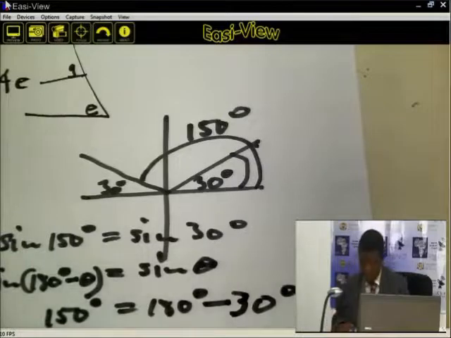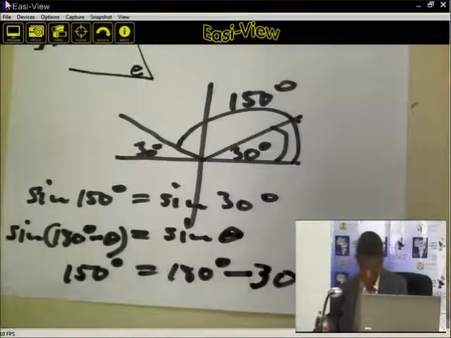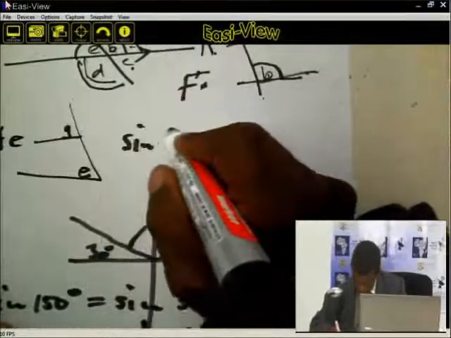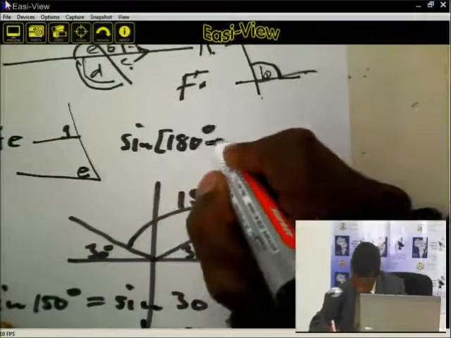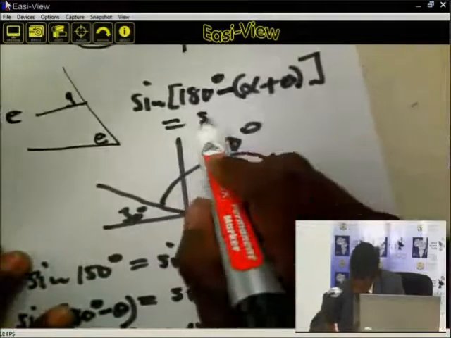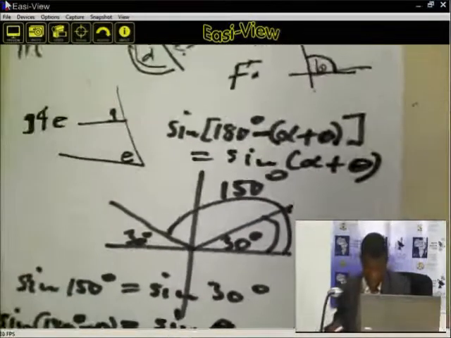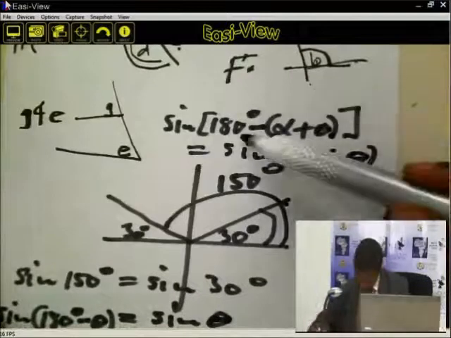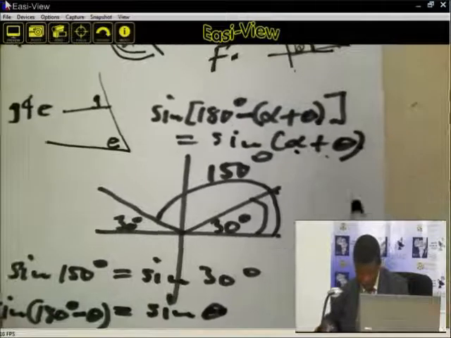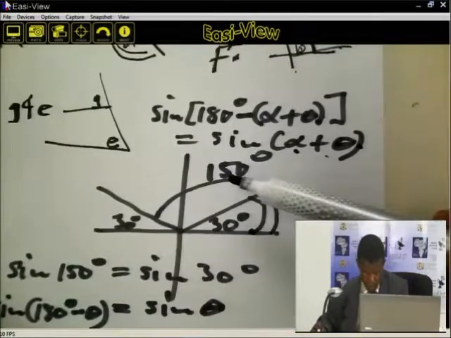And I wish to reiterate that you often come across the situation where you are dealing with sine of 180 minus, say, alpha plus theta, which then is equal to the sine of alpha plus theta. But I indicated it does not mean 180 minus alpha plus theta is equal to alpha plus theta, in the same way that 30 degrees is not equal to 150 degrees.